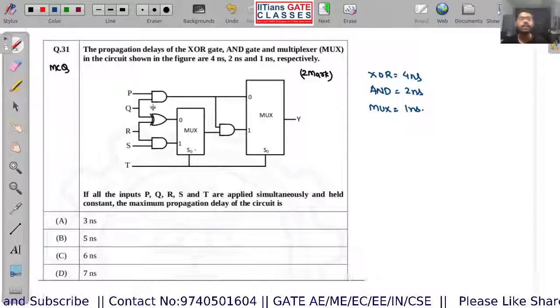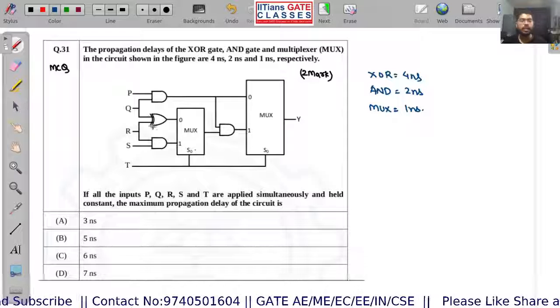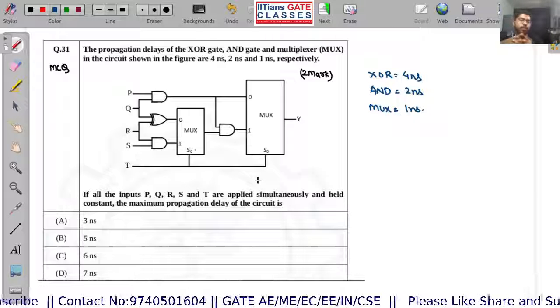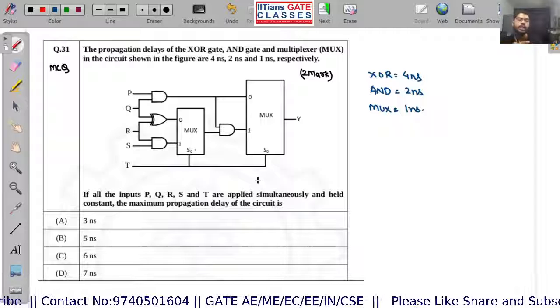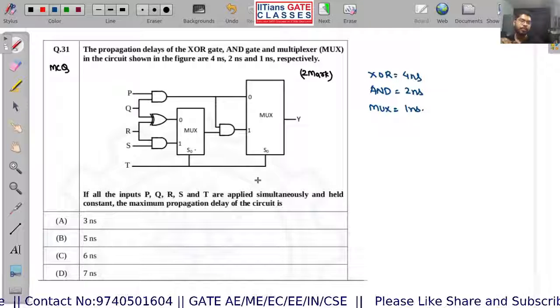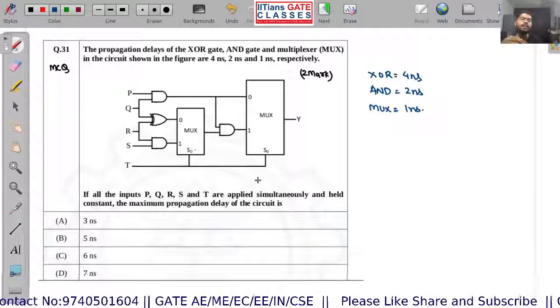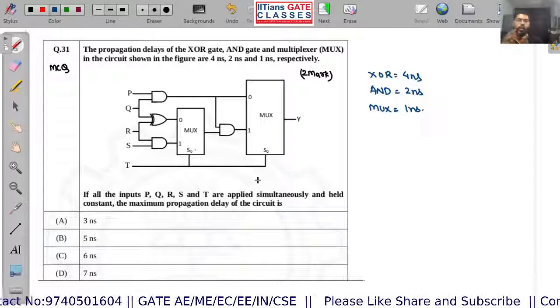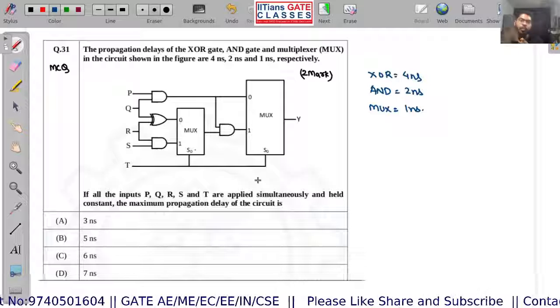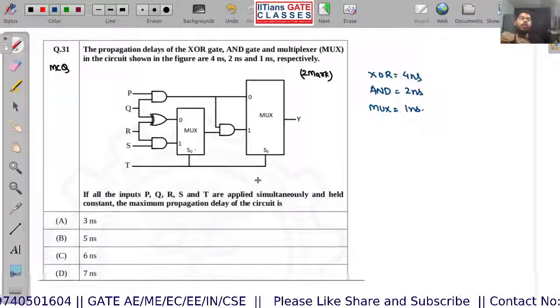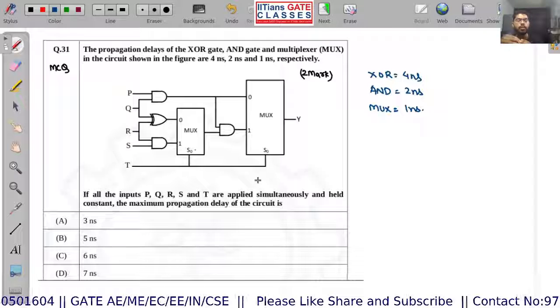So they are asking what is the worst case propagation delay, or the maximum propagation delay. In a path from input to output, all the elements suffer from delay. So from input to your output, whatever elements are present, all of them will suffer from delay.